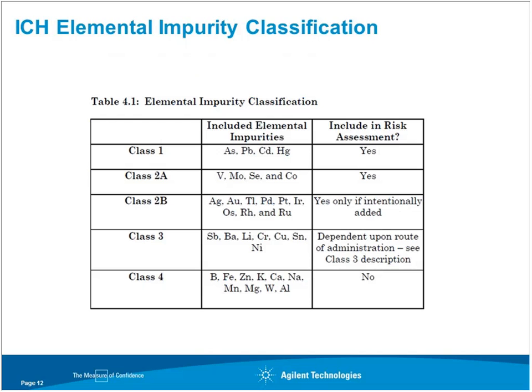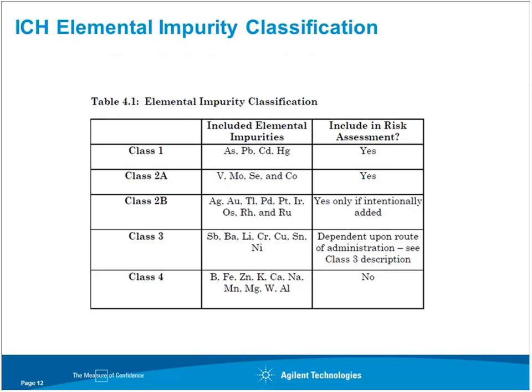Going through the different classes, for class 1 we have arsenic, lead, cadmium, and mercury, sometimes referred to as the big 4. These pretty much must be included in the risk assessment, and that's the same as USP 232. There's also the class 2A, and these elements should be included in the risk assessment as well.